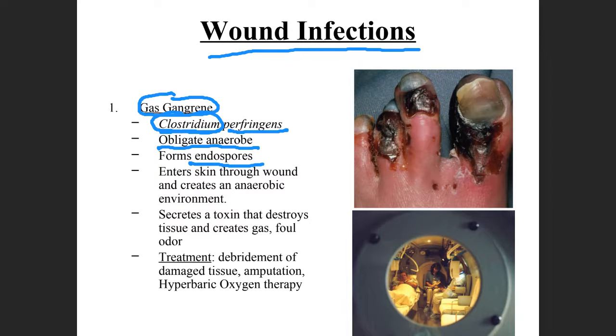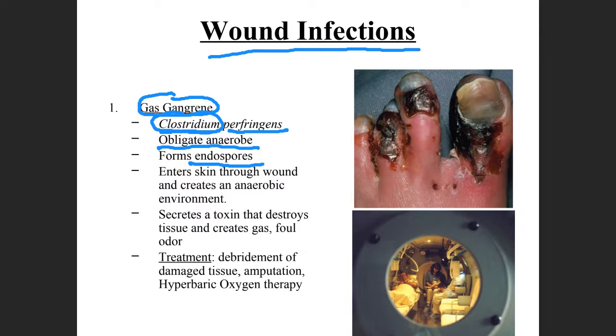So when this sharp object punctures the skin really deeply, it has to create an anaerobic environment for itself. So it can't grow just on the surface of the skin. It's got to go really deep in the skin. And as it gets deeper in the skin, it creates a little anaerobic environment itself, hiding itself from the oxygen, and starts to flourish in there.